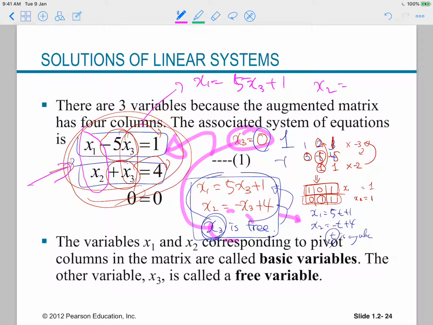Now let me discuss a little bit on the uniqueness of the echelon form or reduced echelon form of a given matrix. I'm not going to prove it, but given a particular linear system or augmented matrix, suppose we perform the first phase of Gaussian elimination and obtain an echelon form.